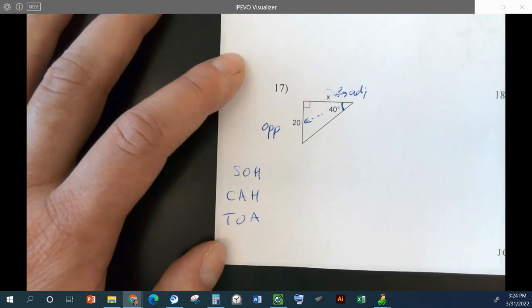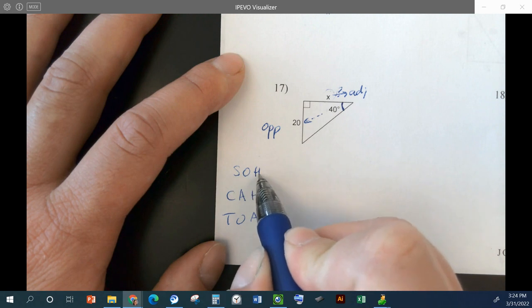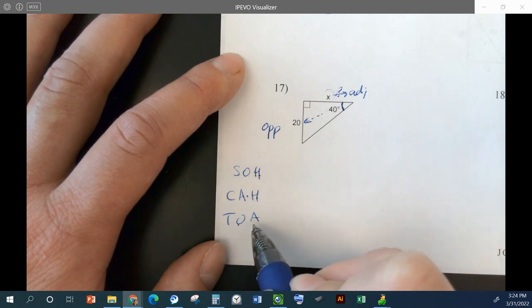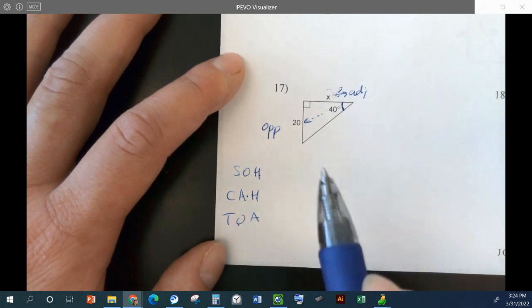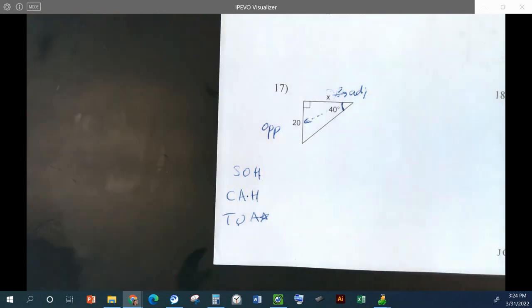So which one is that? So this is opposite over hypotenuse, adjacent over hypotenuse, opposite over adjacent. So tangent is the one that we're going to use. Here's the paper. We're on page 2, or 17.